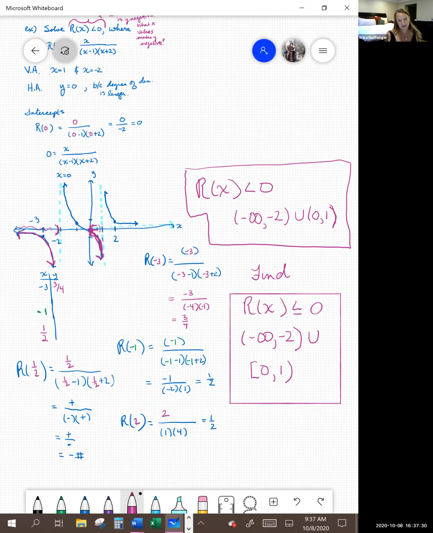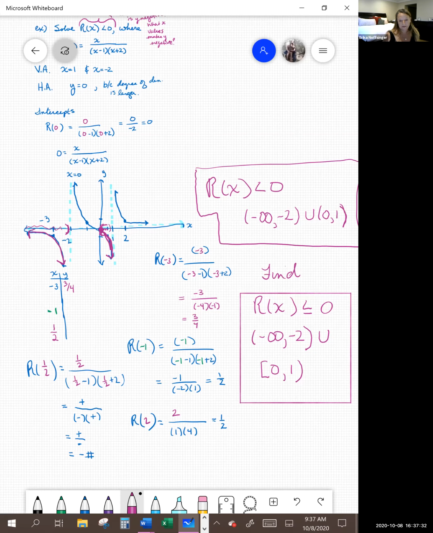So the main point is, if you have an equal sign in that inequality, you got to be careful to not include values that set the denominator equal to 0, but to include the values that set our numerator equal to 0. So kind of think about this, and this is how we would solve this algebraically.